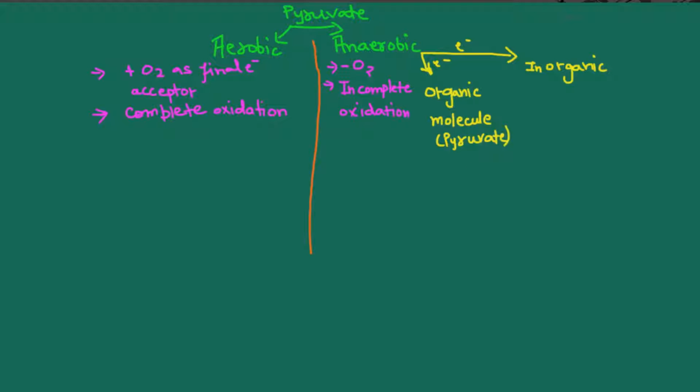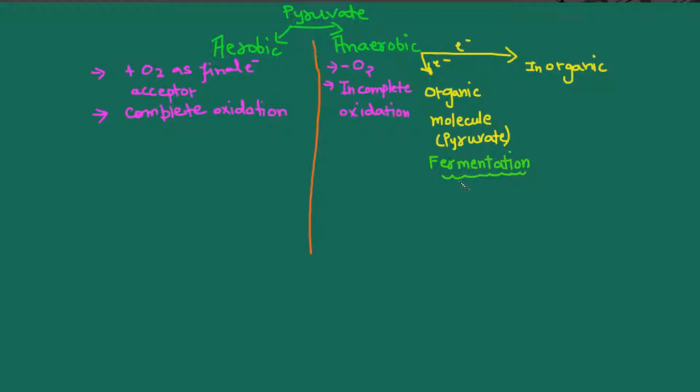this process in this case is now called fermentation. This is a very important concept. Many students get confused, and many times they get a question: what is the difference between fermentation and anaerobic respiration? So this is an answer to that question.